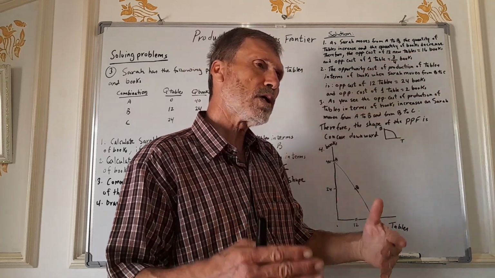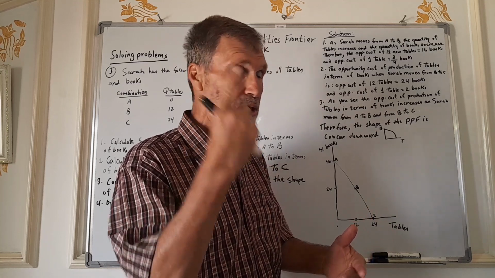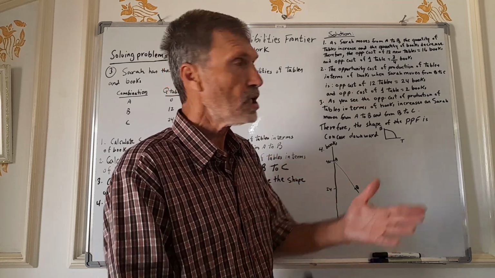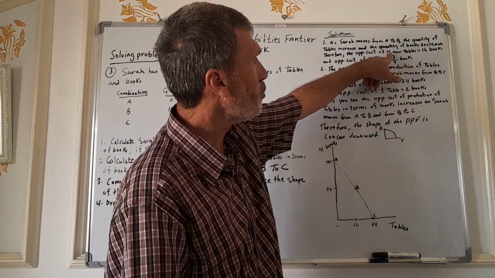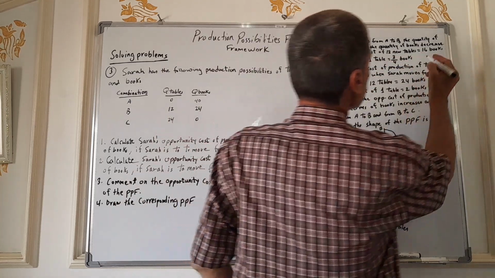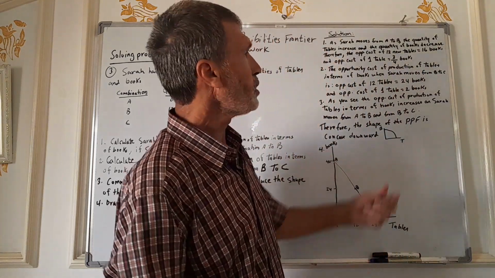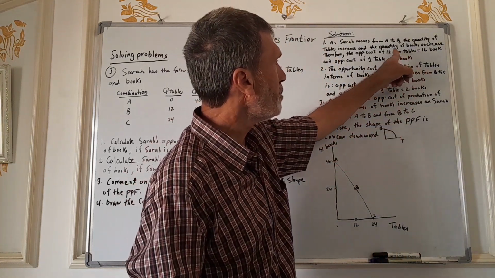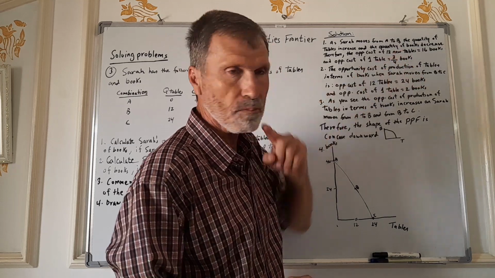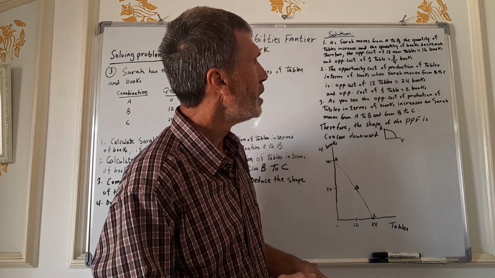Usually we talk about the opportunity cost of one in terms of one. So what is the opportunity cost of one table in terms of books? If the opportunity cost of 12 new tables equals 16 books, what is the opportunity cost of one table? We divide both by 12, and we come up with one table equals 3 over 4 books.